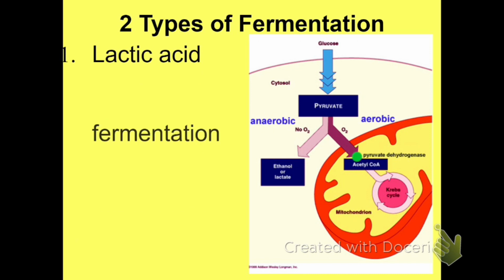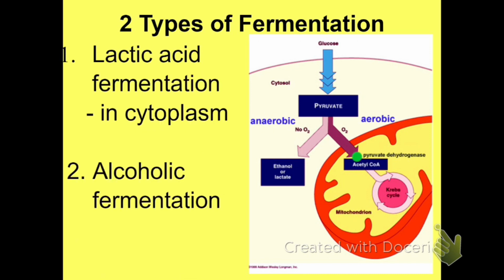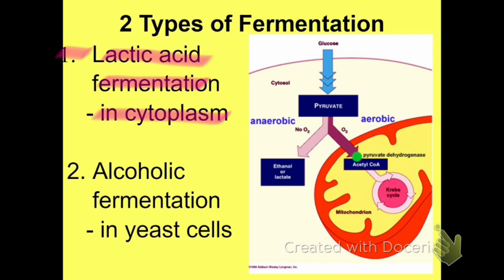So there's 2 types of fermentation. We're still under anaerobic. So the first type is lactic acid fermentation. It happens in the cytoplasm. And then, guys, fermentation is how alcohol is created.